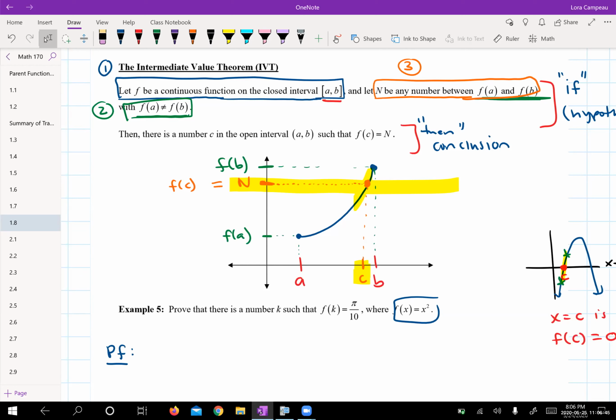We're trying to restate: is the function a continuous function on a closed interval? So let's make sure. Parabolas, y equals x squared, is continuous everywhere. So the first thing I'm going to state for myself is that f of x is a polynomial and continuous everywhere.